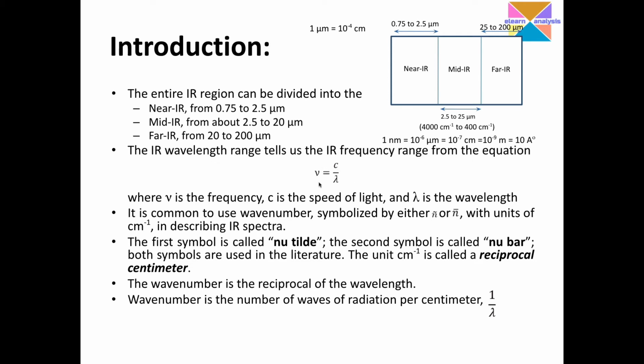We studied this equation in the very beginning of the UV visible spectroscopy, where the wavelength, lambda, is inversely proportional to the frequency, nu, and is governed by the relationship nu is equal to c by lambda, where c is the speed of light, nu is the frequency and lambda is the wavelength. So, as I mentioned, it is common to use wave number.